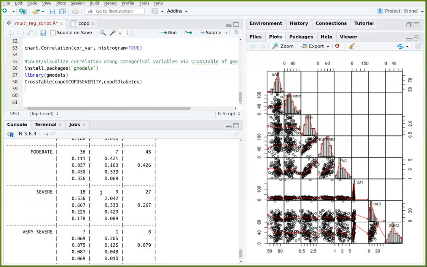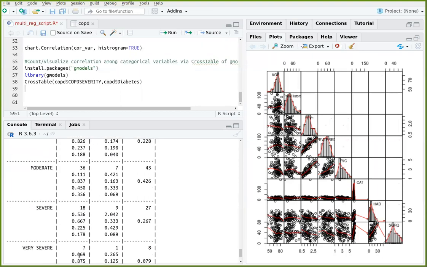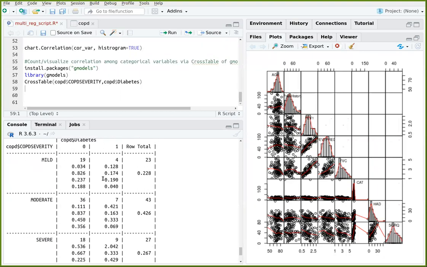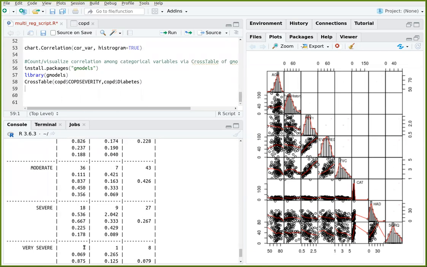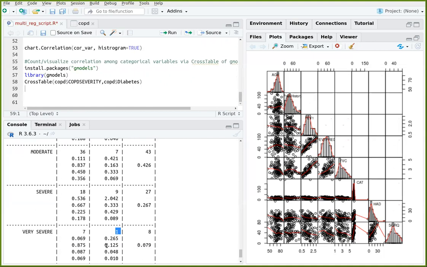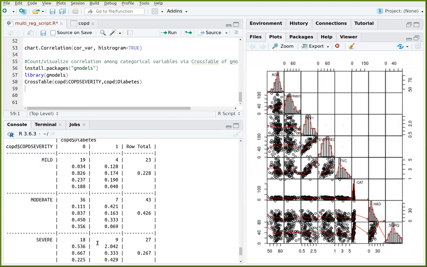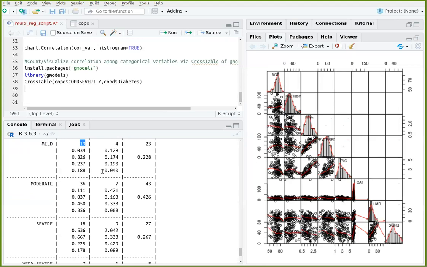For example, do more people with very severe COPD have diabetes? Well, here the ratio is 7 to 1. You can do the specific calculations of ratios, but 7 to 1 seems larger, depending how you order it, than, well, actually not.